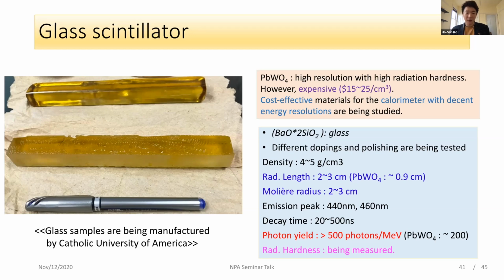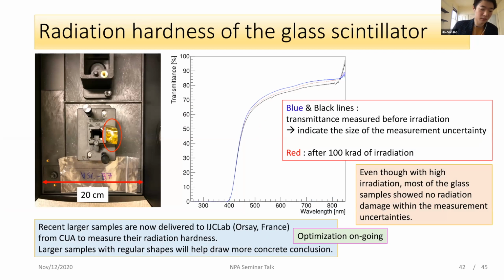Although its radiation length is short, its Moliere radius is comparable to the lead tungstate crystal. So we can have a calorimeter as compact as one made of lead tungstate crystal. That's good news. And it also has better light yield. And the radiation hardness is being measured currently at IJC lab. Not by me, but someone will.